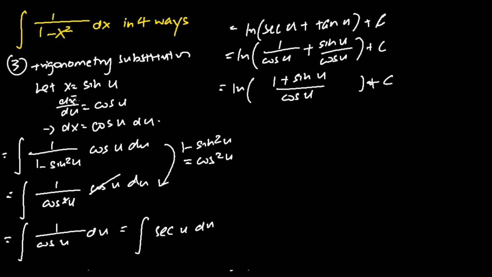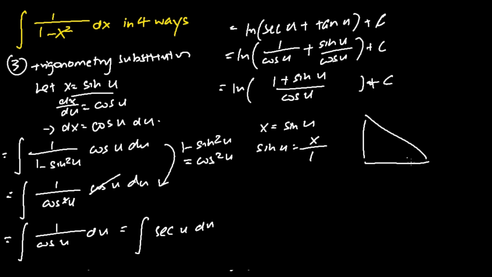We focus on this trigonometric substitution, which is x equals sine u, and we treat u as an angle. My x itself is the opposite length of the angle, and my hypotenuse is just 1. So my sine u equals the opposite over the hypotenuse.